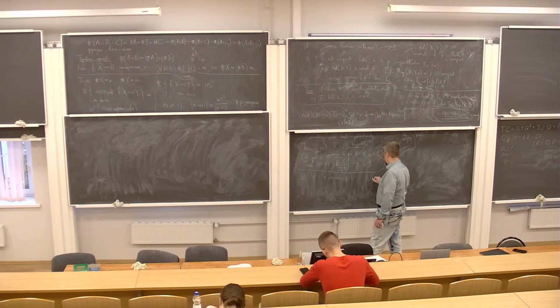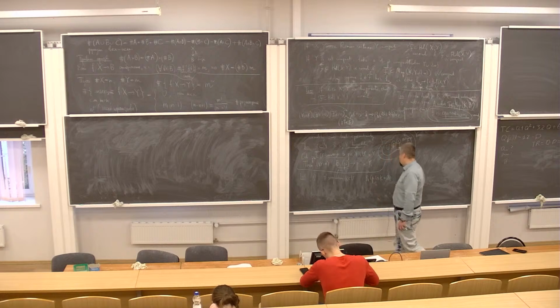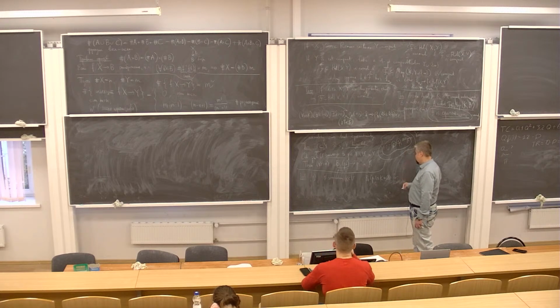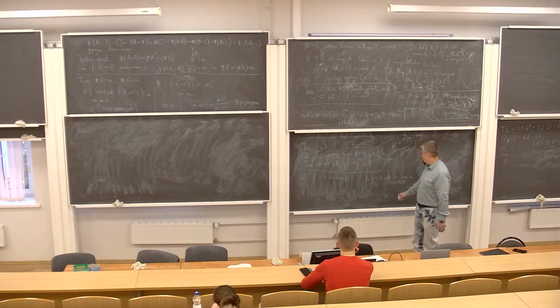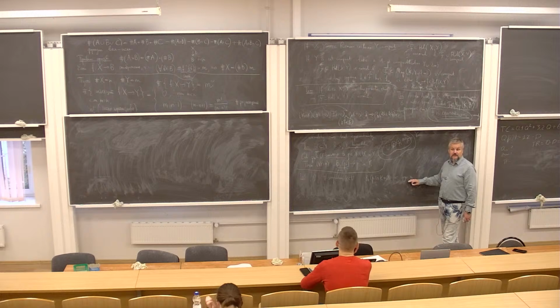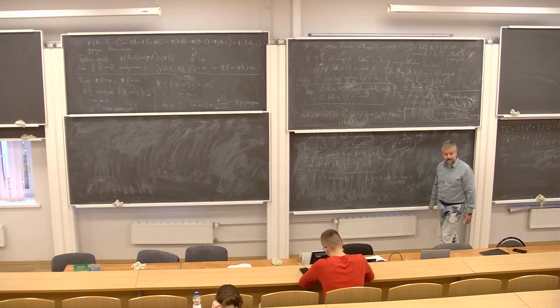B_R of Pn is outside K for all sufficiently large n. So for any compactum K, there is some number depending on K, such that starting from this number, all these disks are outside.